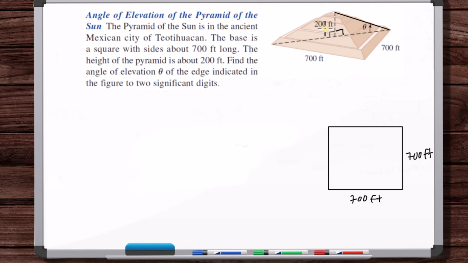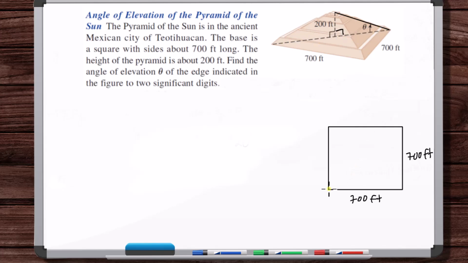If we can get that leg length, we've got the other leg, which is the height of the pyramid, then we could use the inverse of tangent, opposite over adjacent, to get the angle of elevation. So first, let's figure out the diagonal length.